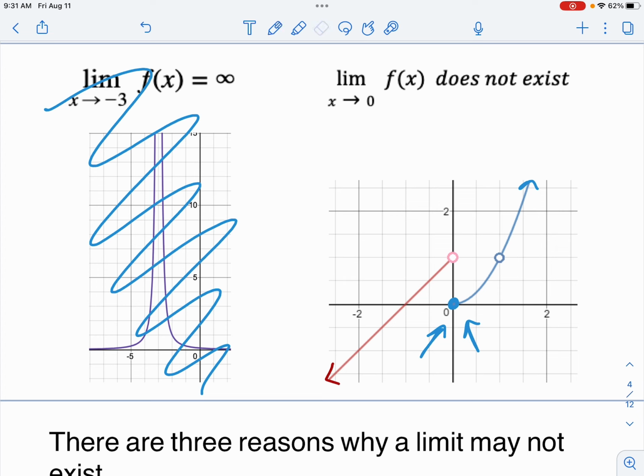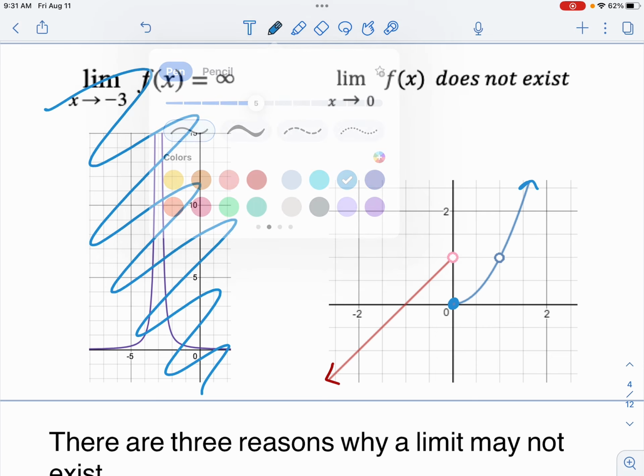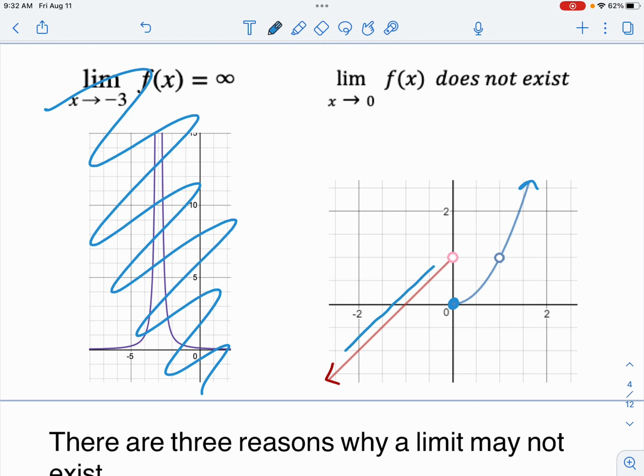And so maybe you're noticing the problem. As I approach from the left of this function to get to 0, and as I approach from the right of this function to get to 0, when I approach from the left, my y value is 1. But if I approach from the right, my y value is 0.